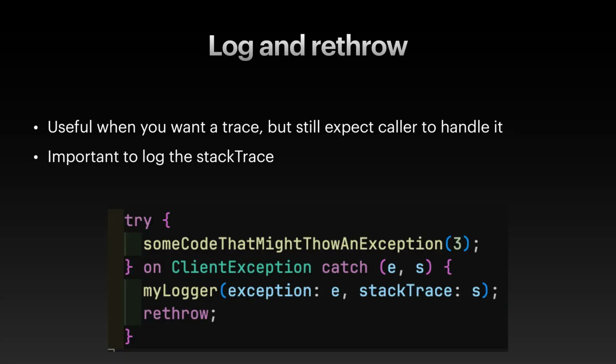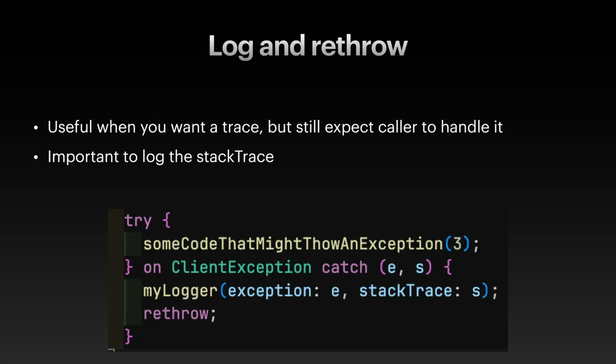Let's revisit the log and rethrow point that was made earlier. This is useful when, for example, you want a trace of what had happened, but still expect the caller to handle it. So you want to know on the way out something happened, but you really expect somebody else to take care of it. Very important when you're doing this to log the stack trace.